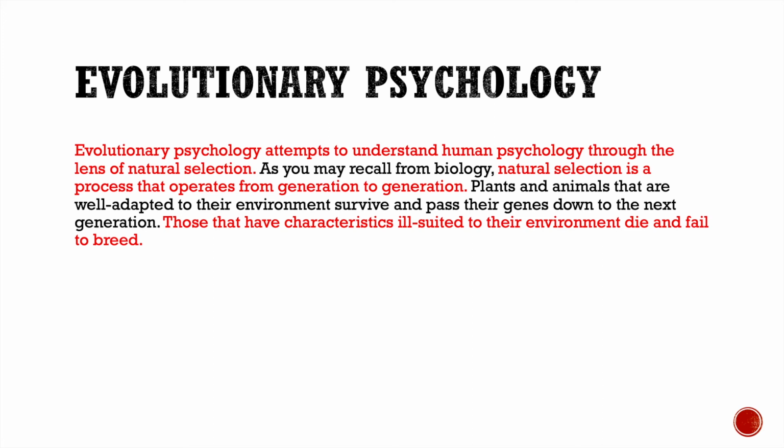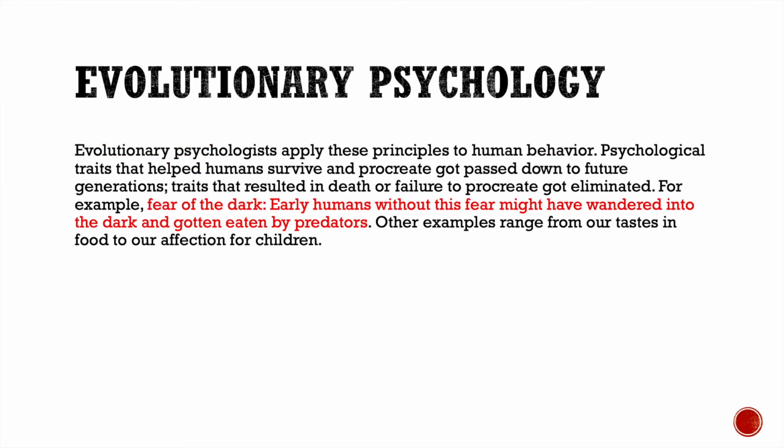Those that have characteristics ill-suited to their environment will die and fail to breed. Evolutionary psychologists apply these principles to human behavior. Psychological traits that help humans survive and procreate got passed down to future generations. Traits that resulted in the death or failure to procreate got eliminated.